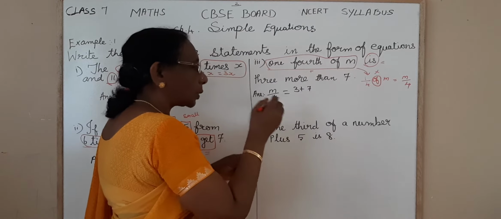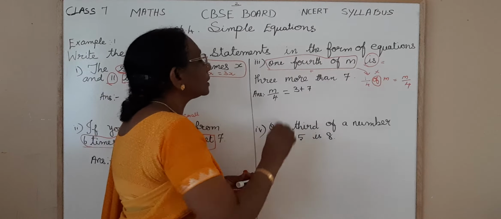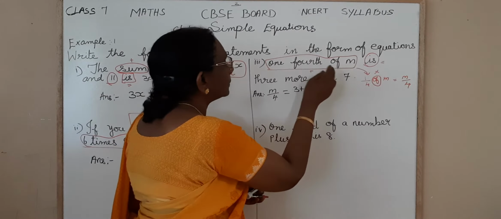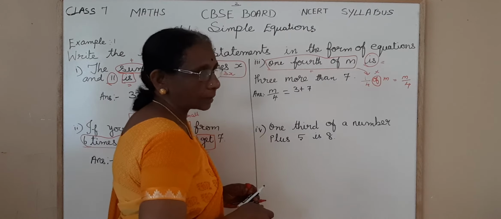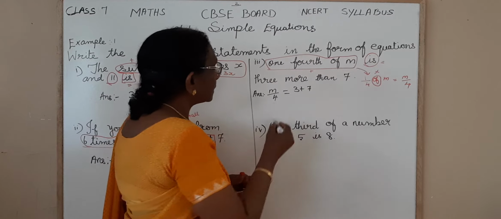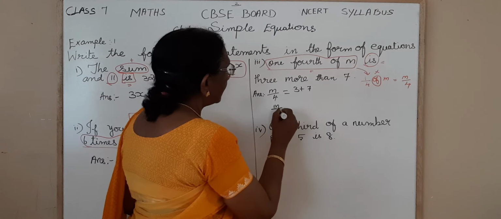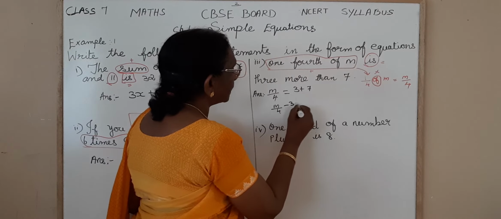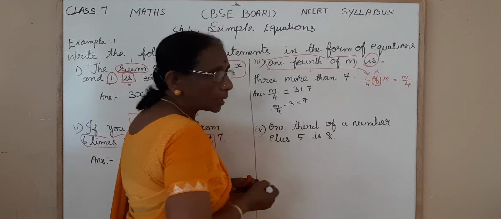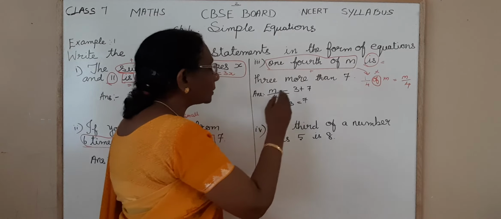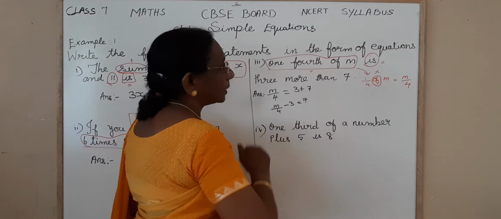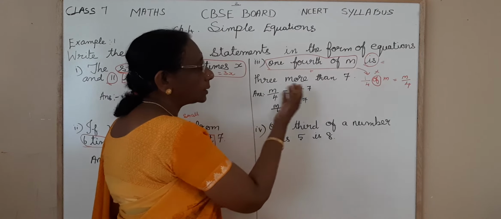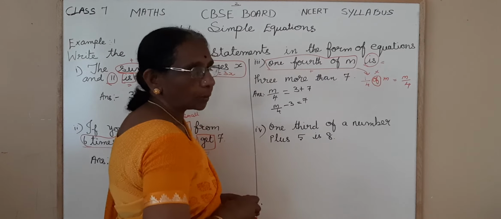This equation you can also write as the difference between 1/4 of a number and 3 is 7. In that way also you can write. Is it okay? Both are correct, but I think this will be simple for you. Anyway, both are the same. Isn't it? If you take 3 this side, it will be 3 plus 7. So in this way also you can write, no problem.